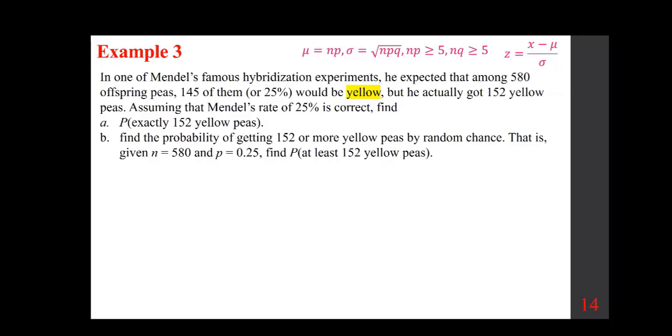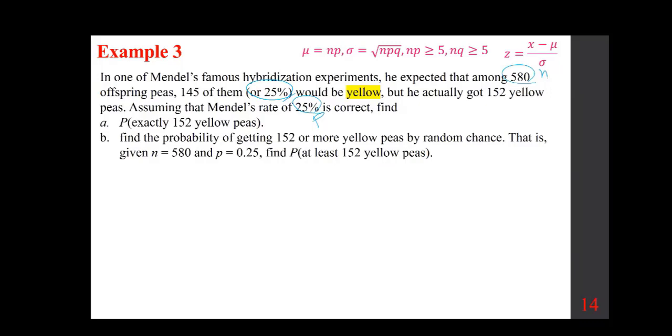So what is n and what is p? N is 580. Perfect. And p? 0.25. It's a binomial distribution. N is 580, p is 0.25. And before we move on, look at the rest of this stuff. We are using approximation. Therefore, we need to see if np and nq are large.